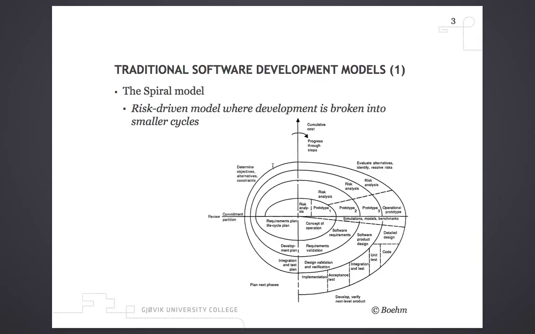But the spiral model has some features from the waterfall model in it, and we'll see that these cycles can also be compared to iterations that we will look into when we're talking about agile methodologies.